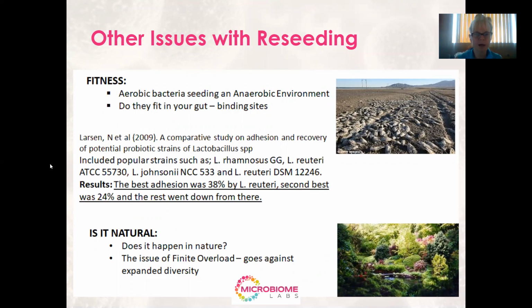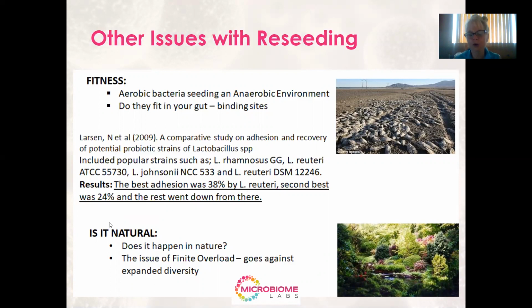So, here we've got a study that was done in 2009, a comparative study on adhesion and recovery of potential probiotic strains of lactobacillus. And they showed that at best, the adhesion was 38% and was 20%, the rest went down from there. So we have to say, is this natural?